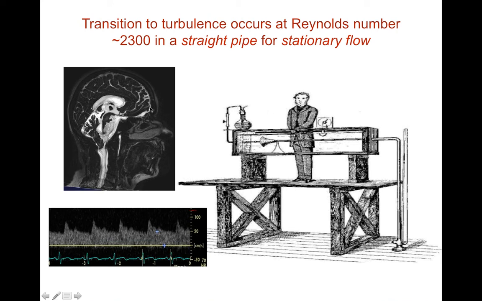And we are in a vastly more complex situation here. This is a Chiari patient, and you see that the geometry is very, very complex. And of course, we also have pulsatile flow. So we cannot really use his reasoning in this situation because it's totally different.